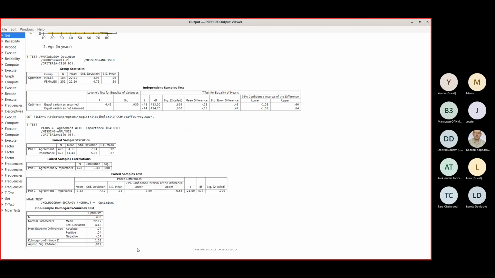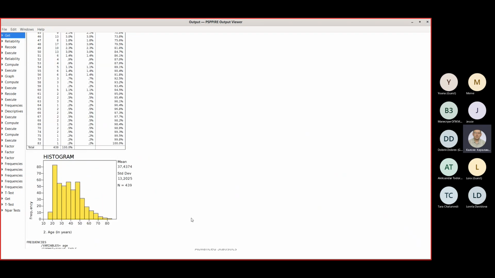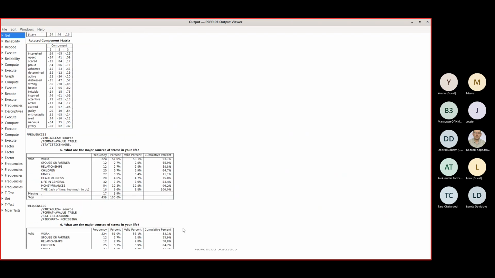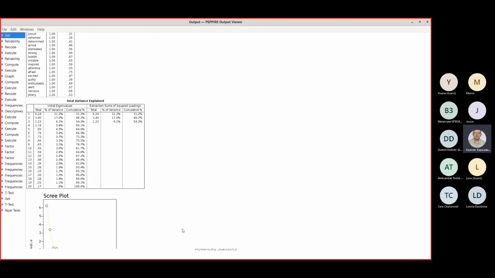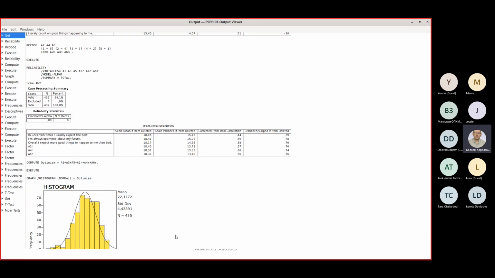So we already compared these distributions.